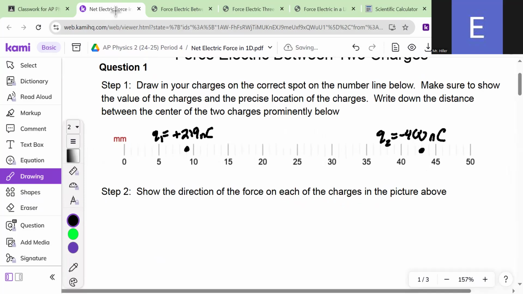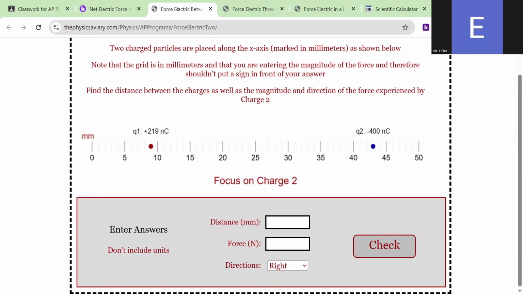Okay, now if we subtract the positions, 43 minus 9 would give us a distance of 34 millimeters. Now, for the program, we can enter millimeters in here just fine. 34 will be just fine.